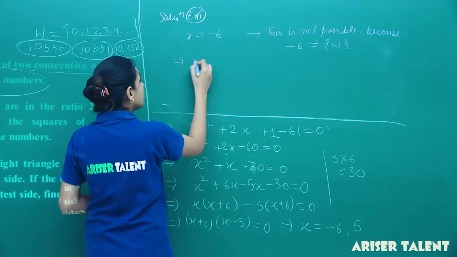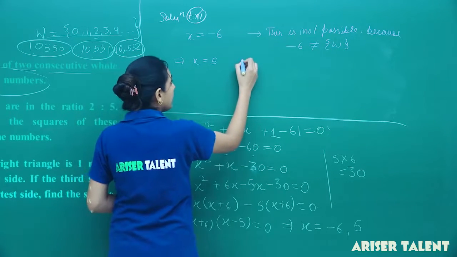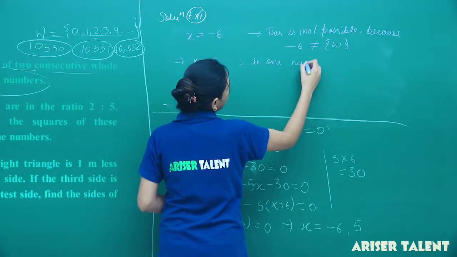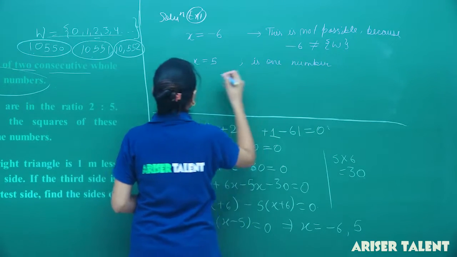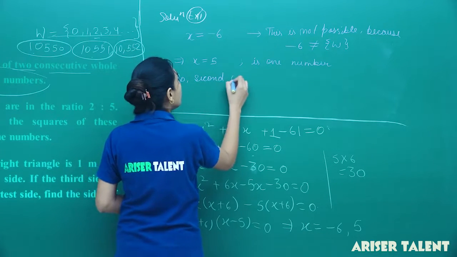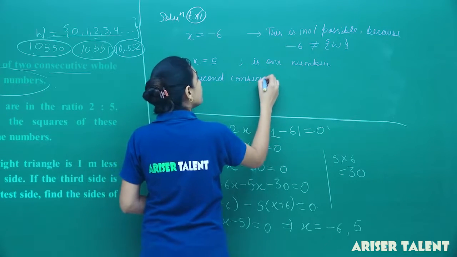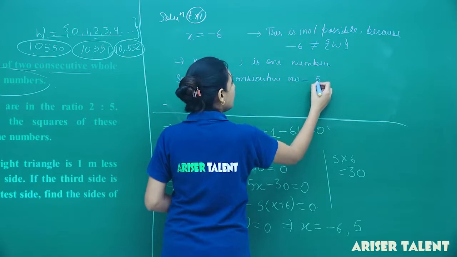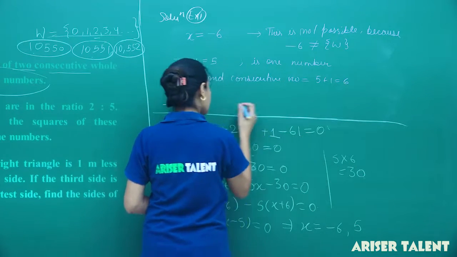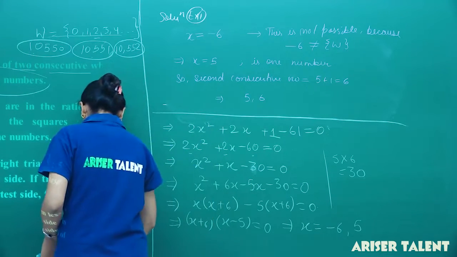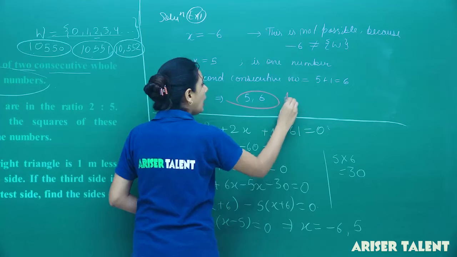This implies x equals to 5 is one number. So the second consecutive number will be 5 plus 1 equals to 6. This implies 5 and 6. These are our answer.